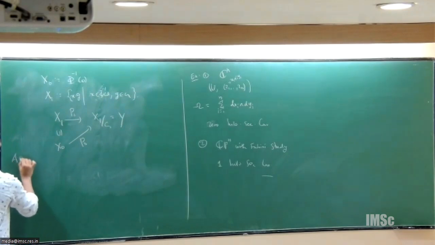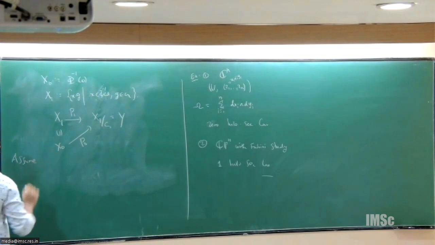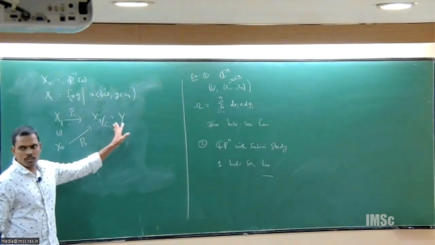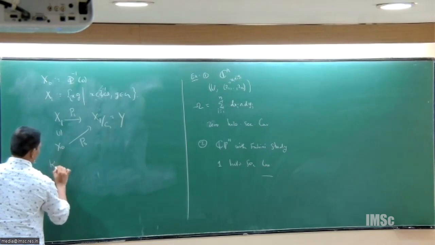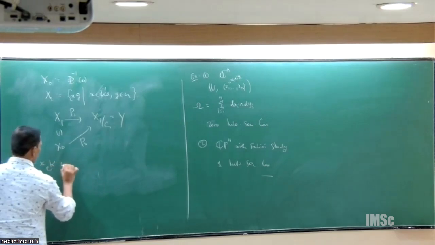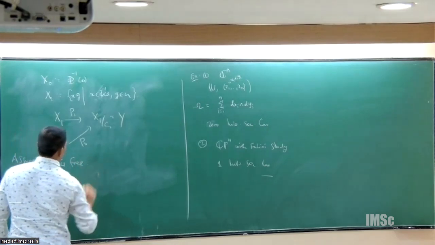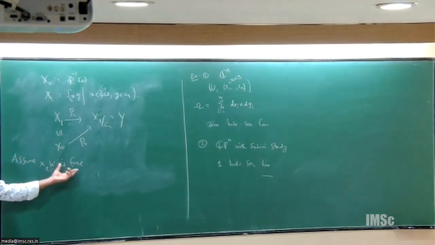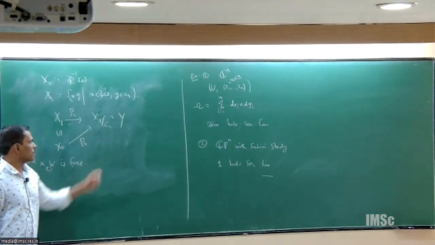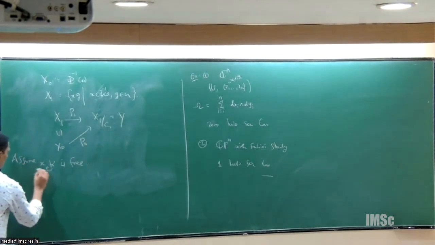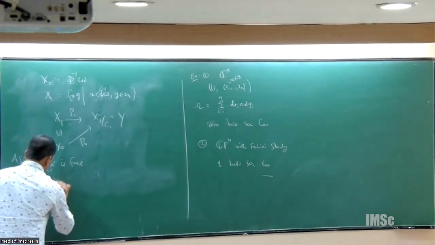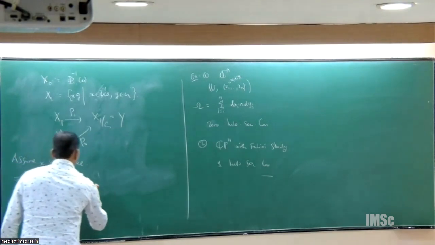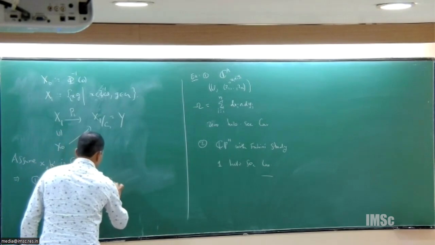This time, for Y we don't have any structure, so we have to assume this. We assume a free action of K on X. From the standard result, a free action gives the natural Kähler manifold structure. From the free action, we have the following. One, X naught is a smooth submanifold.